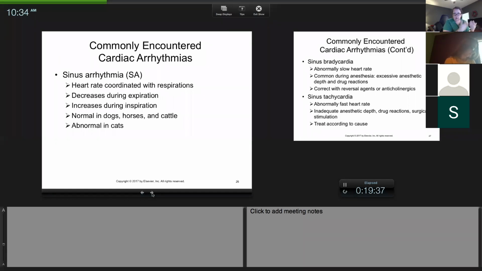I talked about, do you need to confirm a sinus arrhythmia with an ECG? No. If you hear the heart speed up and slow down and you feel the animal inhale and exhale, totally fine. Bo has major sinus arrhythmia when he sleeps. And I'm like, he's super chill. Heart rate's in the 52-ish range when he sleeps, but it always speeds up when he inhales.